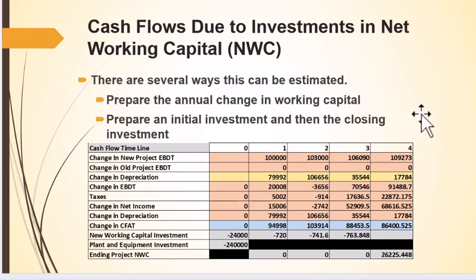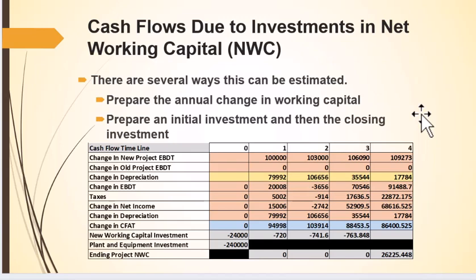Now we have to consider something about our working capital. There are several ways we can estimate this. We can prepare an annual change in working capital statement, or we can prepare an initial investment and then a closing investment. How do you want to do this?